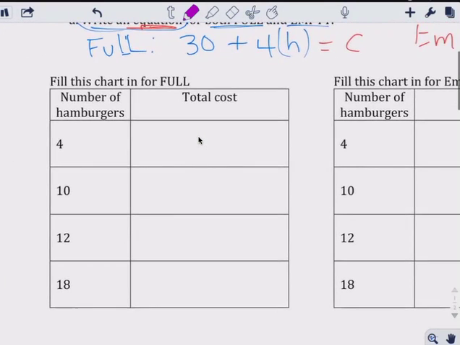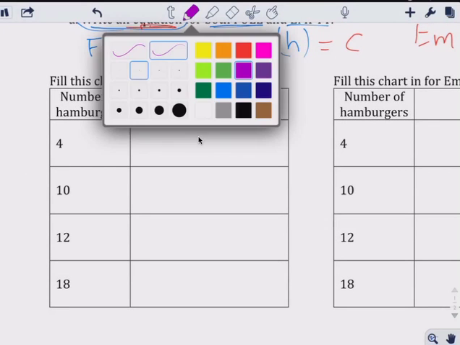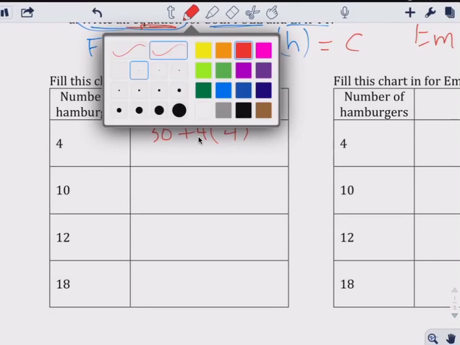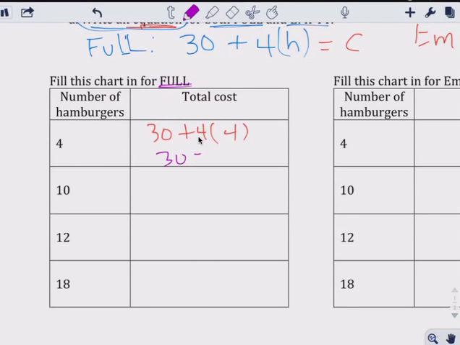Okay, so this chart is for Full. Full is 30 plus 4 times 4. Input the 4, right? So you get 30 plus 16 is 46. So 4 and 46.